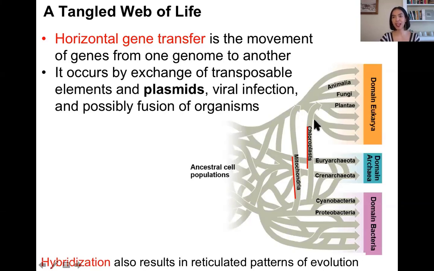We have reviewed that last class. This creates a very messy pattern in the evolutionary history of these species, especially early on in the origin of life, that makes it hard for us to reconstruct the phylogeny. We say that rather this phylogeny looks more like a network, like in here.